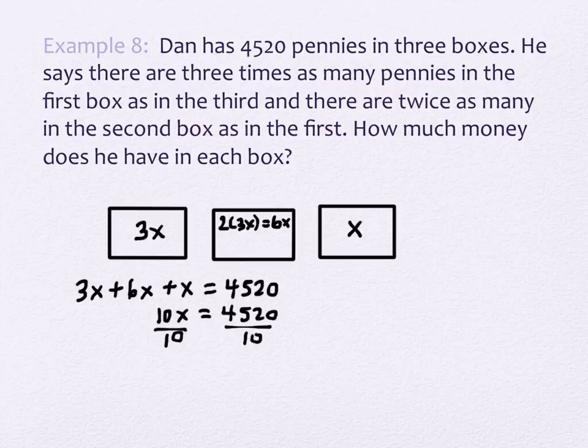Dividing by 10 is ever so nice because division by 10 actually removes zeros. So this is actually 452. The division for that's not terribly exciting if I show the step because it's division by 10. All right, so this is 452. So what is that telling me? Well, it tells me that there's 452 pennies in the last box.